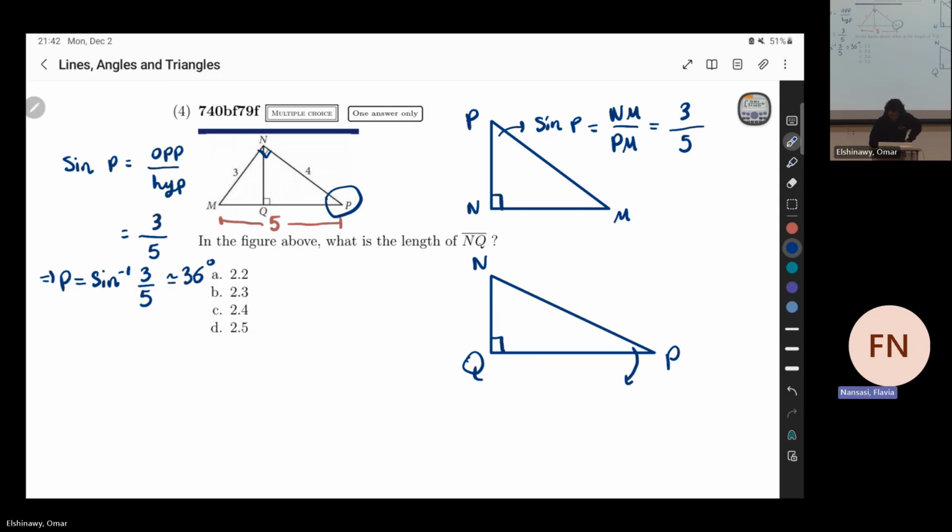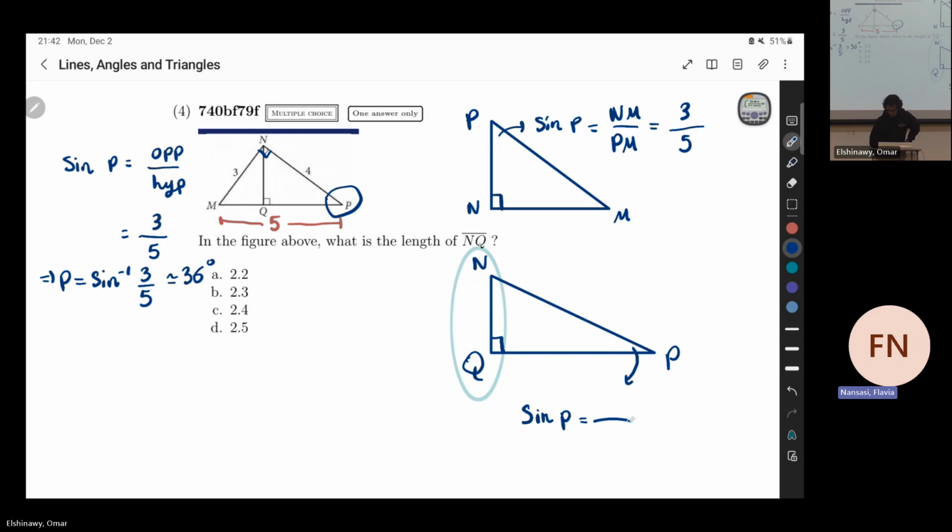And then we got 36. So we have 4 as the hypotenuse for the down triangle. Yes, so this is the hypotenuse in this case. We would like to find NQ, right? So if we take the sine of P in this case, what is the sine of P?